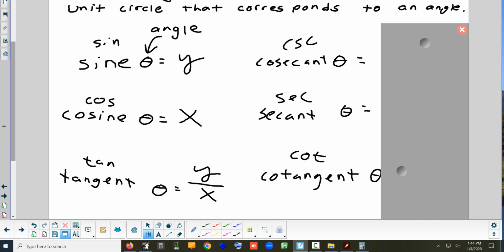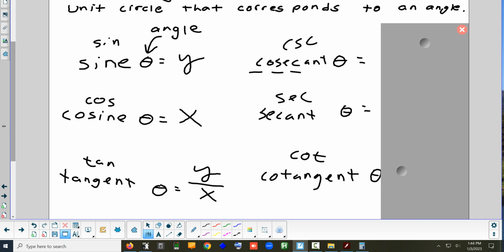It's usually the first three letters when you spell it out. But for cosecant, how come we don't use the first three letters? Is it the same as cosine? Yeah, we already used them. So instead of using the first three letters, they use the syllables. Co, C. That's CSC.